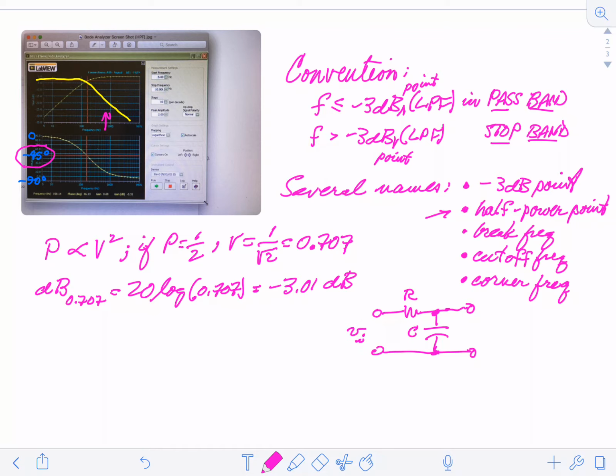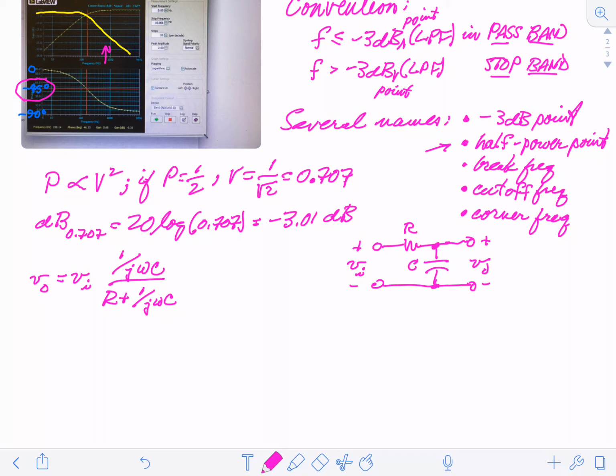And I can write a voltage divider equation that says VO equals VI times 1 over J omega C over R plus 1 over J omega C. And I can do the ratio of output to input, which, as I mentioned before, is loosely called the transfer function.